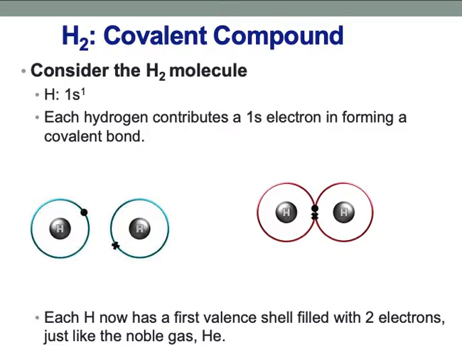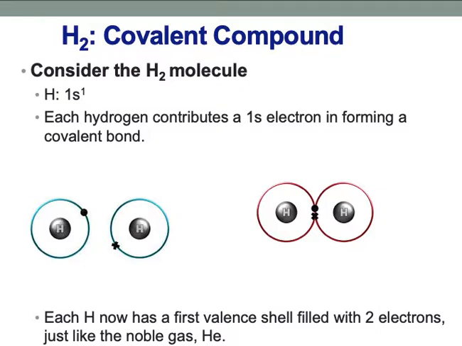So when we form a hydrogen molecule, each hydrogen atom has 1 electron, but as in all things, we want to achieve a noble gas configuration, and for hydrogen, the next noble gas is helium with 2 outer electrons, or 2 total electrons. So if we are allowed to get those 2 atoms close enough, we can actually form a bond.